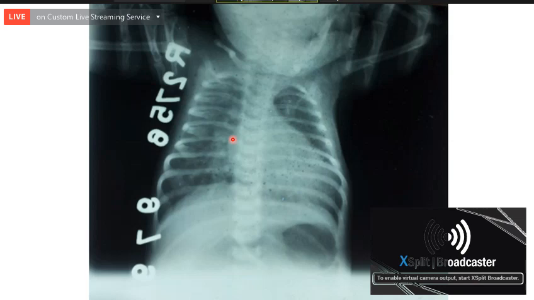And this is a baby, about I think less than a month old. Usually there will be a thymus here, and the thymus disappears by the age of 6 months to a year. It sometimes goes up to 2 years. It actually provides immunity.